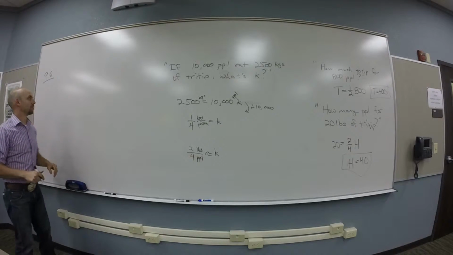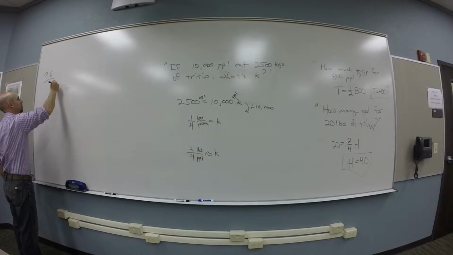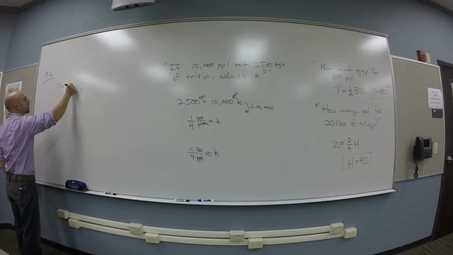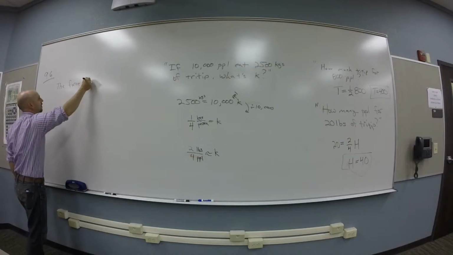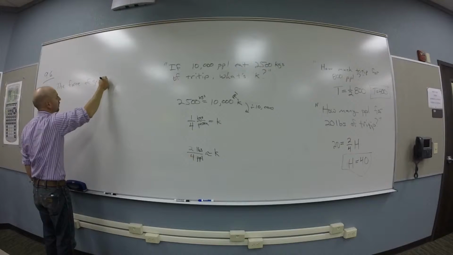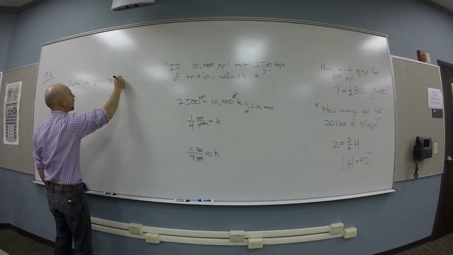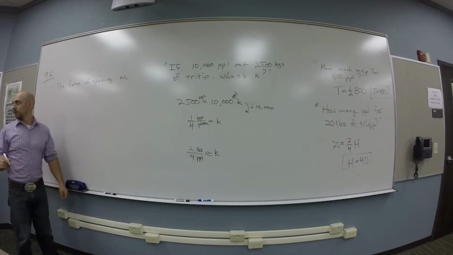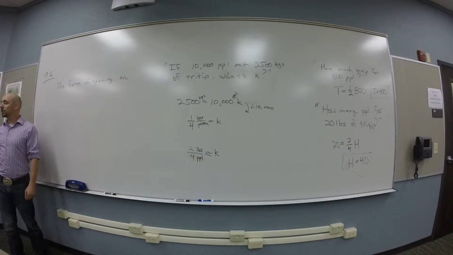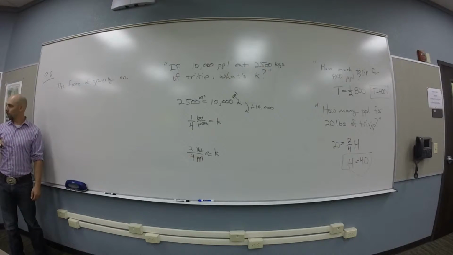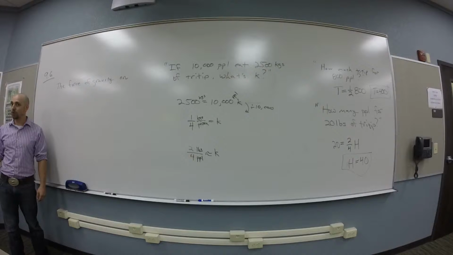So if I said something like the force of gravity, all it is is translating from word problem to statement. And these statements happen all the time in science because we want to make statements that are true regardless of how you measure.